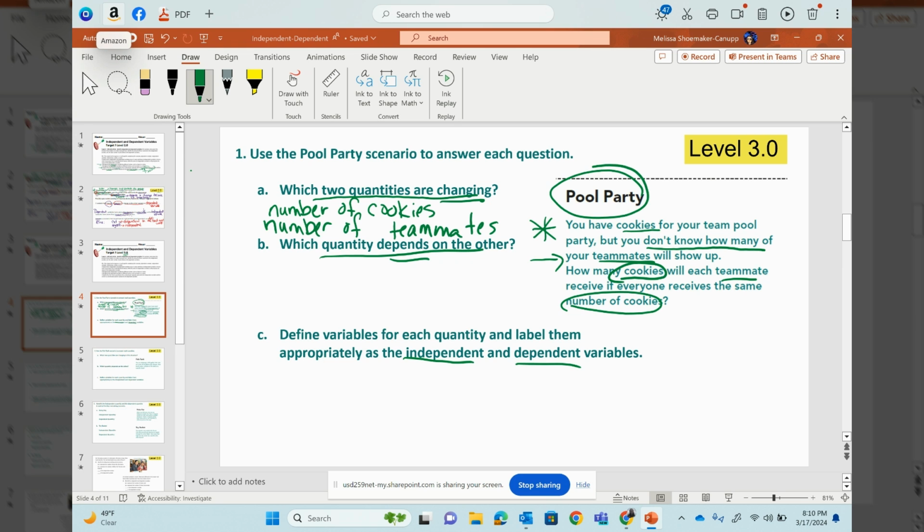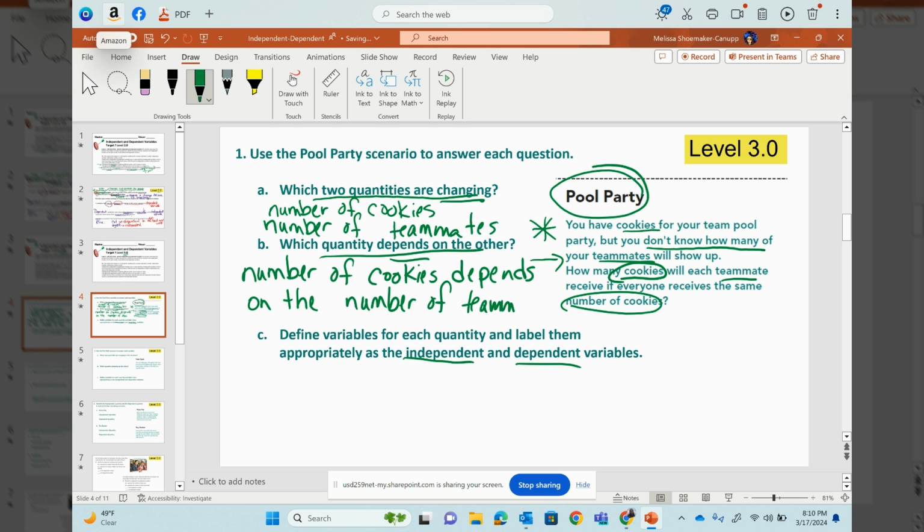So the number of cookies depends on the number of teammates. I mean, think about it.